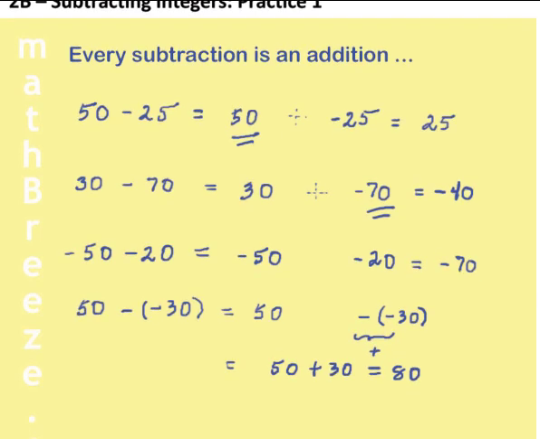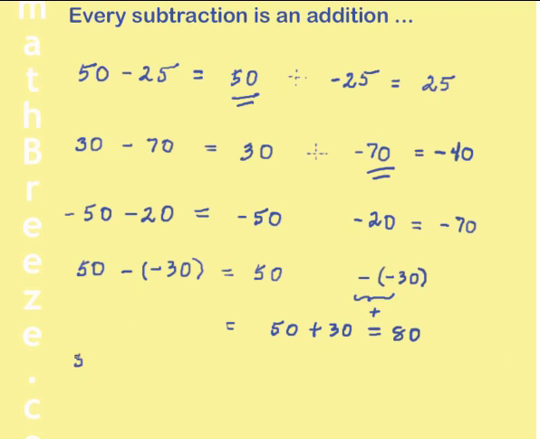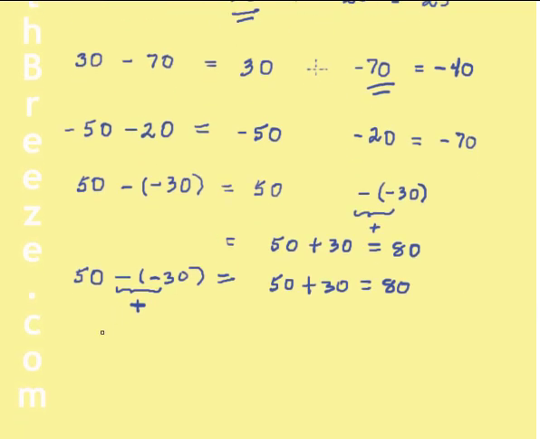Now the way I like to do this type of problem is I don't necessarily spread them apart like I did above. When I see that I'm subtracting a negative, I immediately turn that into a single plus. In other words, minus a minus is a plus, is a positive. So I turn this right away into 50 plus 30. All right, and I like to remember this in the following way.